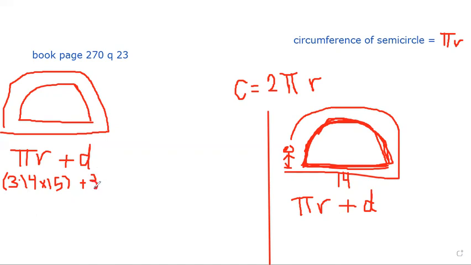What is the answer? I will get my calculator. 3.14 times 15 plus 30 will be 77.1. This is circumference, so it will be feet.